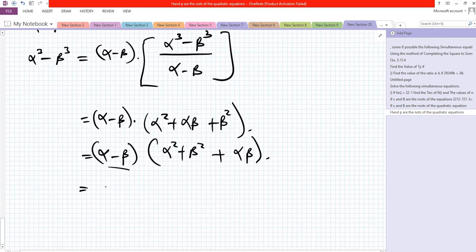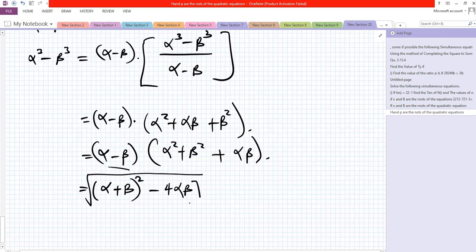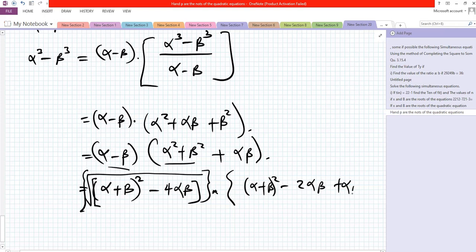So I will now express this as alpha plus beta all squared minus 4 alpha beta, square root, times alpha plus beta all squared minus 2 alpha beta plus alpha beta.